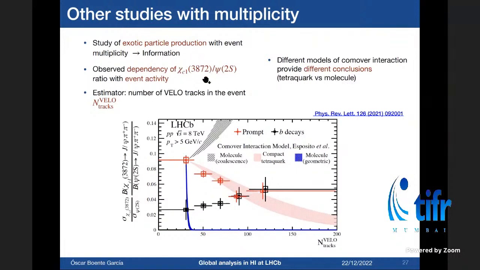This is the X(3872). We measure this production versus the psi(2S) with respect to the number of Velo tracks produced in the detector.